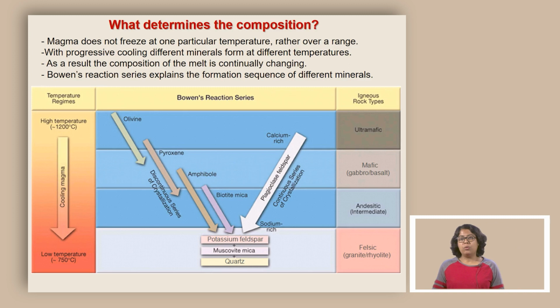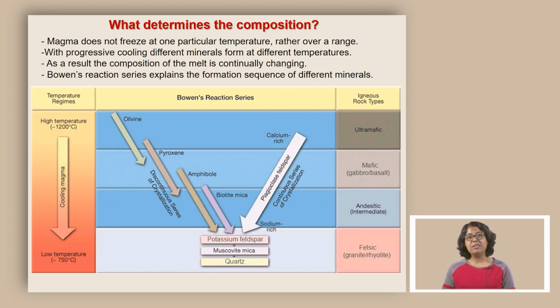So, igneous rocks form from magma, and this magma has three components. One is volatile, one is melt, and one is solid. The melt and solid have different ratios during the progress of this magma from the deep interior to the surface of the earth, because the solid phase does not crystallize from the magma in one go.